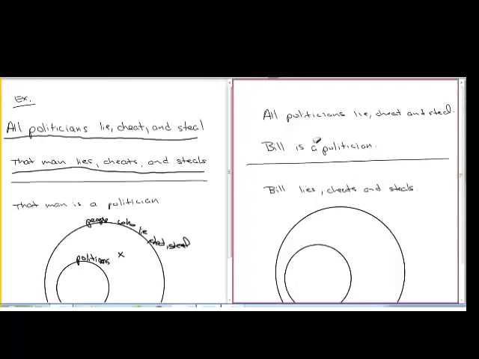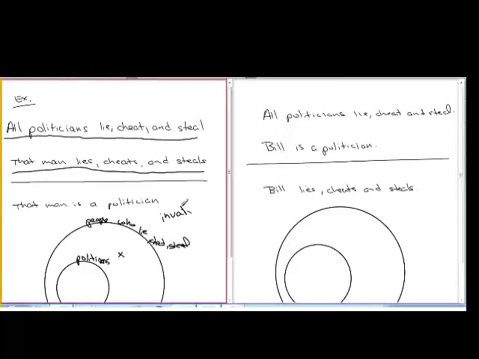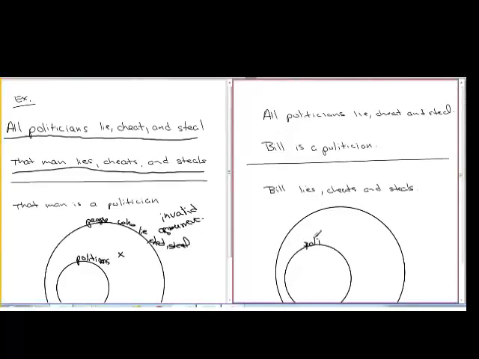So this is an invalid argument. How would I rearrange that? If it were this way, again, the first statement would allow you to label the circles the same way.